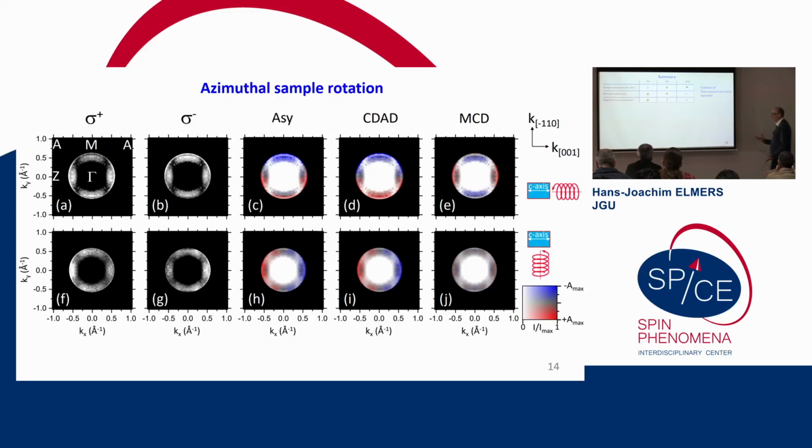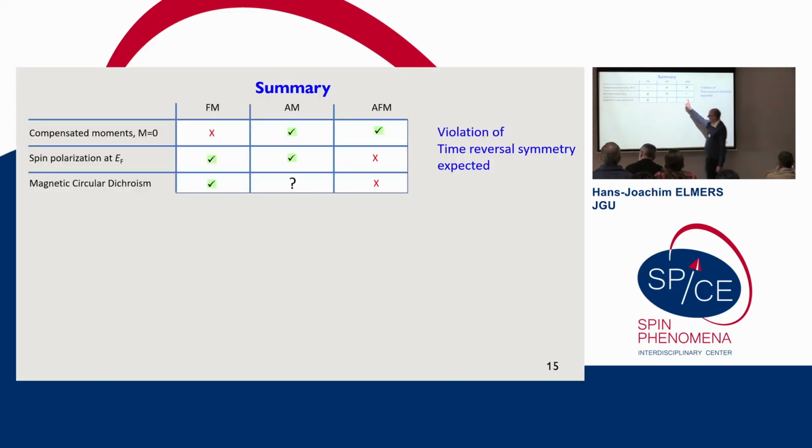So now I come to my summary. You remember, I started my talk with that. The ferromagnet will have a compensated magnetic moment, the antiferromagnetic not. And the question is, can we see the circular dichroism here? And hopefully I convinced you that we can indeed observe now the magnetic circular dichroism in our samples with two different methods, basically.